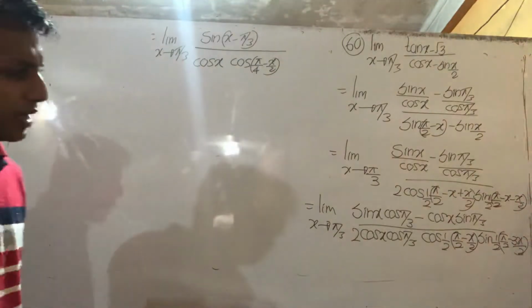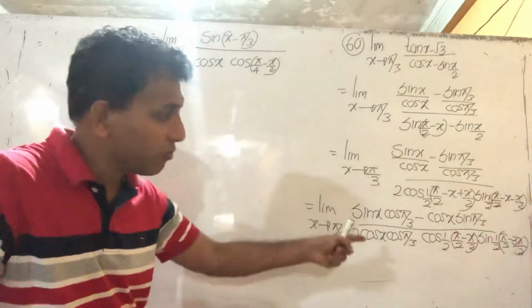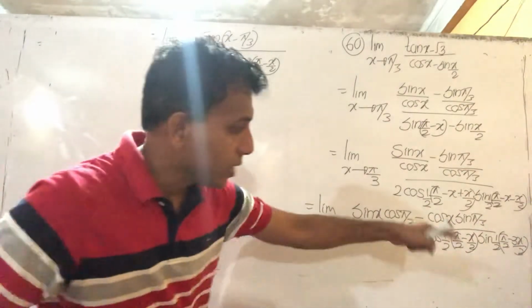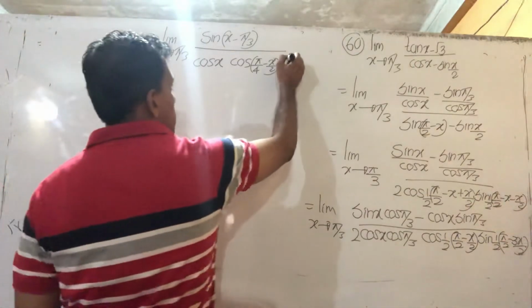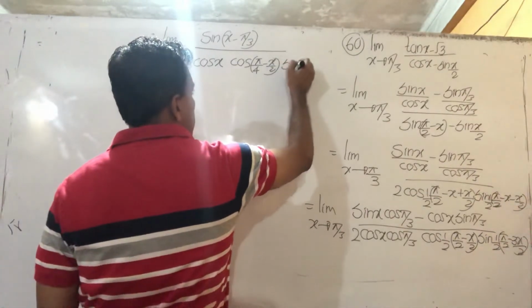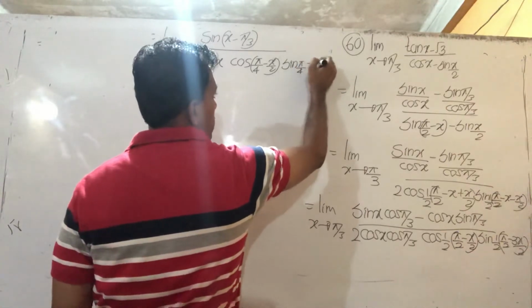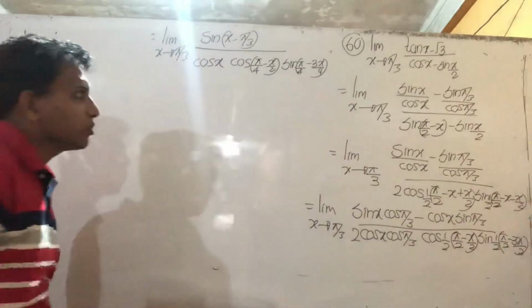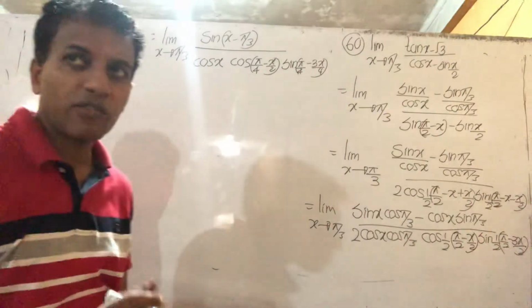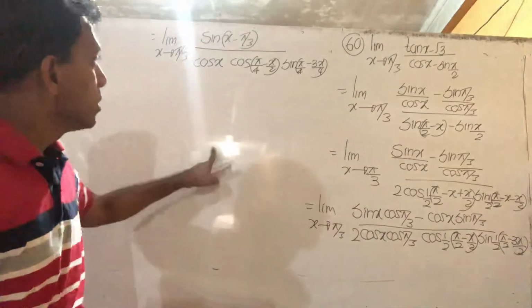The same method you can write, sin pi by 4 minus 3x by 4, taking the half out. So you have to show this very carefully, important problem. If you miss one step, it is difficult to search again. You have to cut it all and do it again, otherwise.